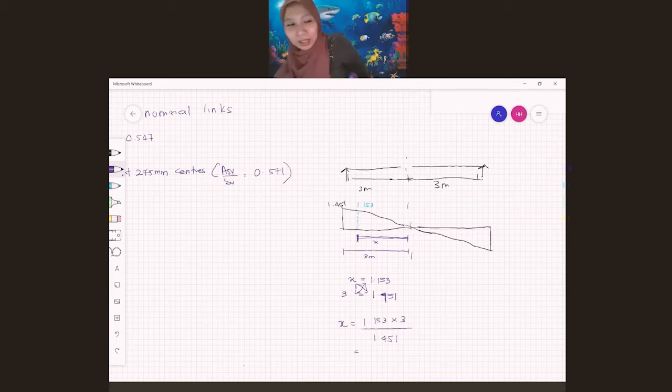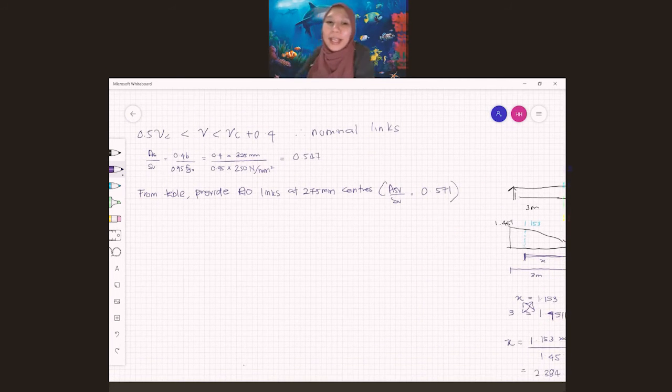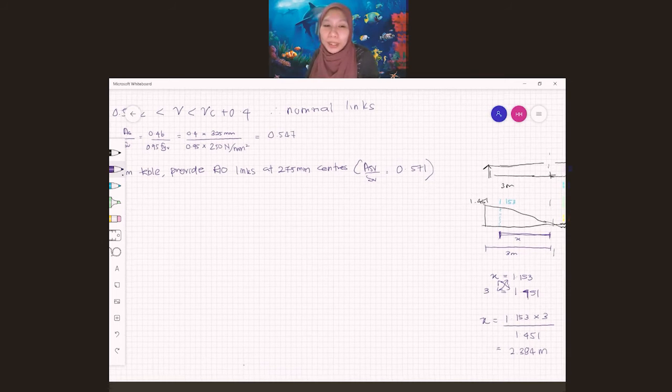Okay, boleh dapat jarak X tu. Saya rasa 2.384. Okay, 2.384 ya, 3 decimal places. So we know that this is panjang, so dia meter lah. 2.384. Alright. So you know that you kena design dia as a nominal link sepanjang 2.384 meter.